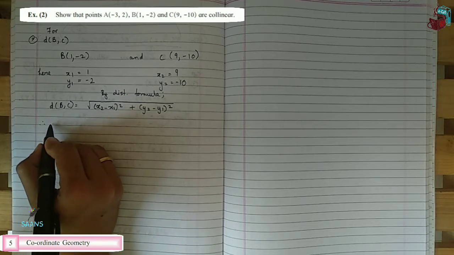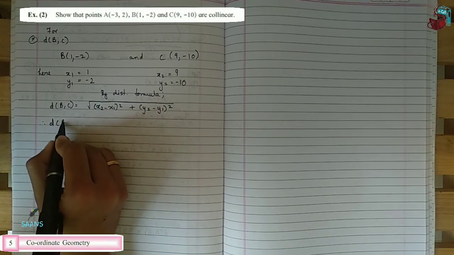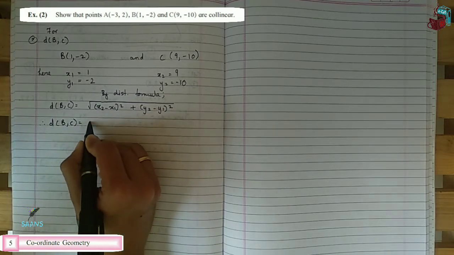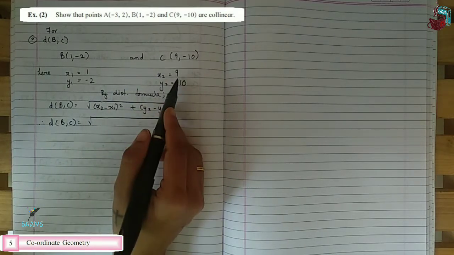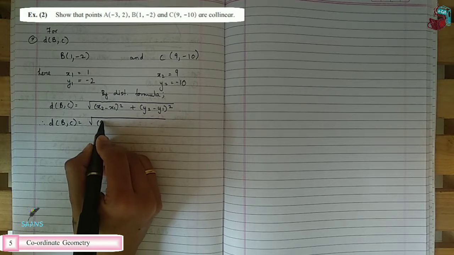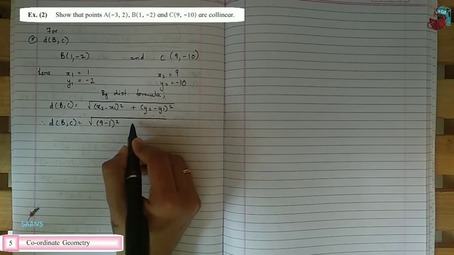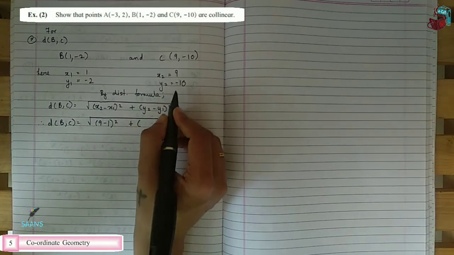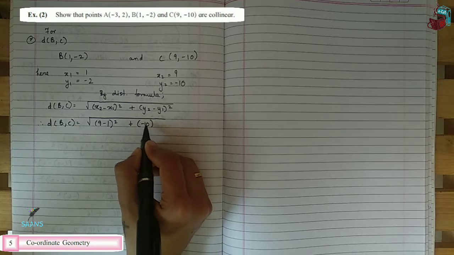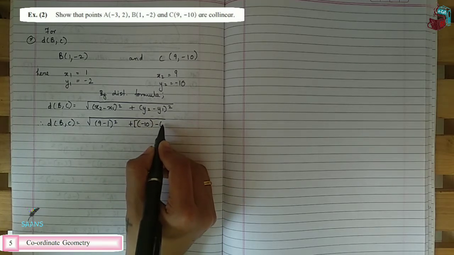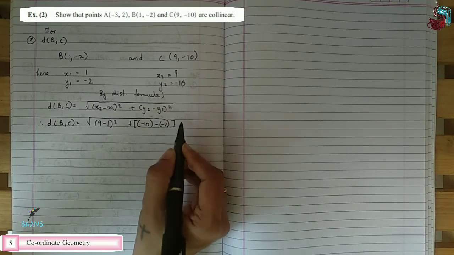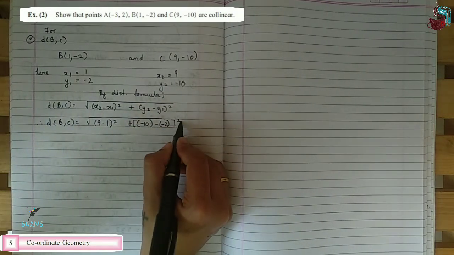These sums are a little lengthy but easy, so don't lose your patience. Distance BC is equal to under root, x2 is what? 9 minus 1, so 9 minus 1 the whole square plus minus 10 minus of minus 2 the whole square.